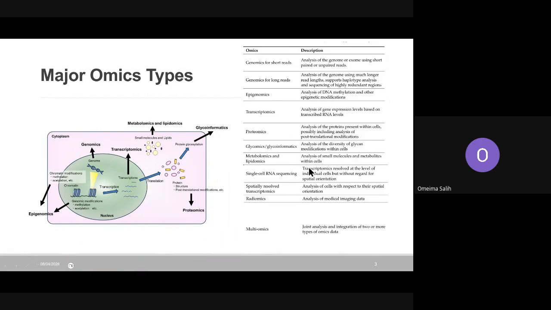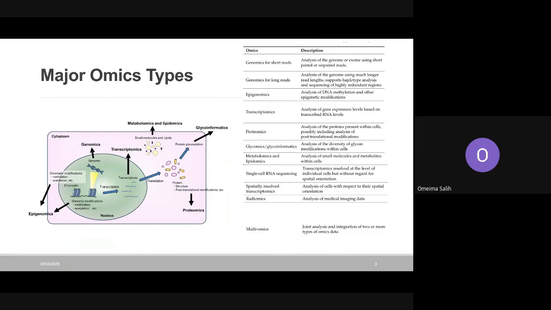Glycomics and glycoinformatics is another type of post-translation modification of proteins, or maybe the type of carbohydrates that's not connected to proteins, but is studying the type of carbohydrates within the cell, and this is called glycoinformatics. Metabolomics and lipidomics is also another type of metabolites found within the cell, but it has its own science, its own ways and technologies of studying this type of metabolites.